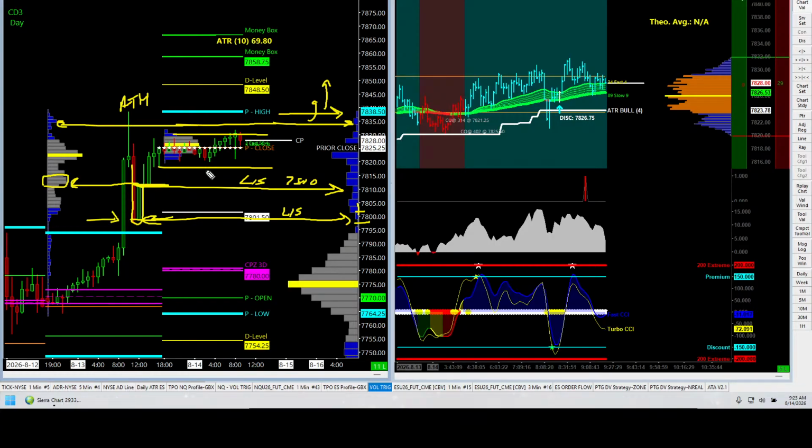So by natural inference, a line in the sand should be a level or a zone, an area where buyers and sellers, bulls and bears, battled it out for a bit, and one side successfully took control.